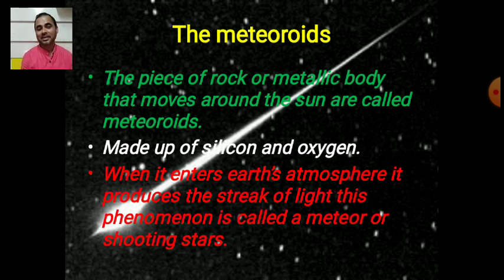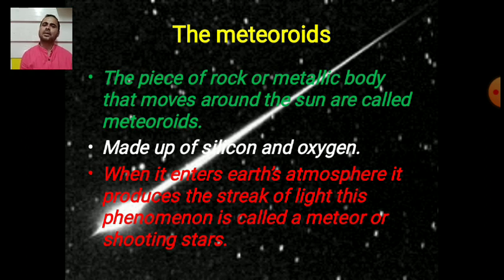Yes or no? Basically, they are not stars, they are meteorites. What are meteorites? The pieces of rock or metallic body that move around the sun are called meteorites, which are made up of silicon and oxygen.